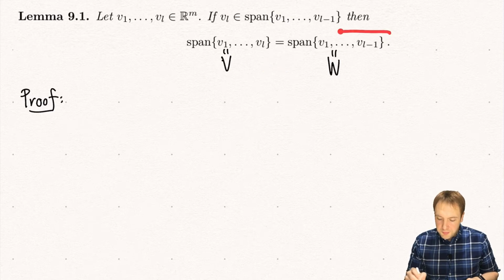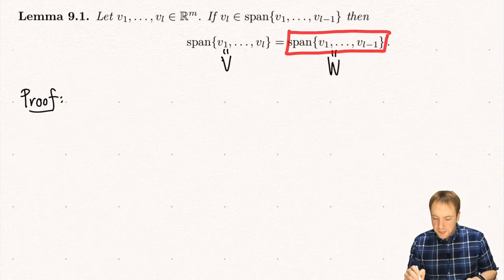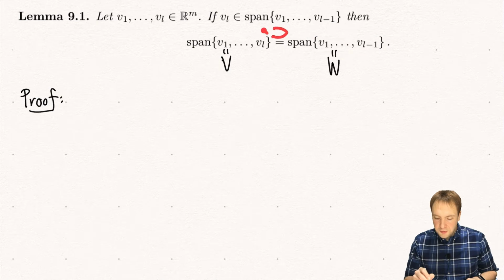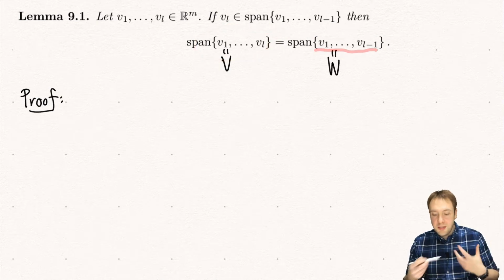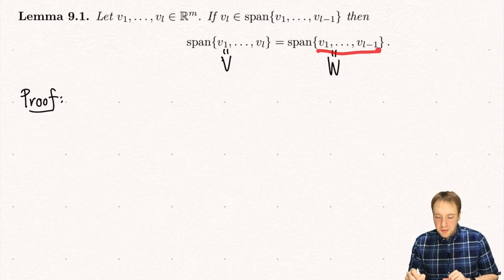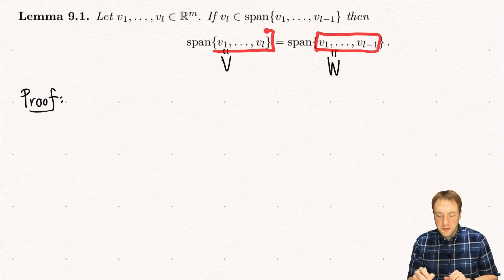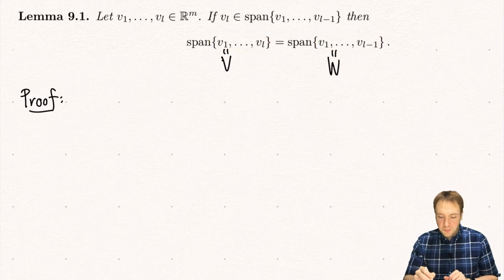So here this span is of course included in this one, because the span of vectors is the set of all linear combinations of these vectors. Therefore any linear combination of these vectors is of course also a linear combination of these vectors, by just saying I forget VL.